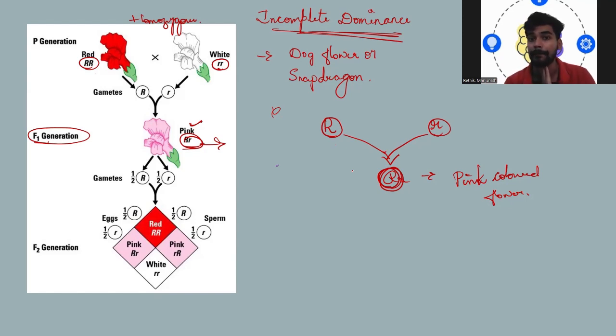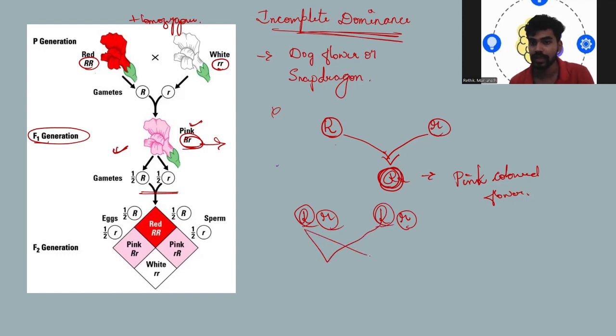How and why? After getting this pink color, they again made a selfing, that means self-pollination was done. As a result, in the F2 generation, what will be the gametes now? Capital R and small r, capital R and small r. So now these are the two gametes, right?